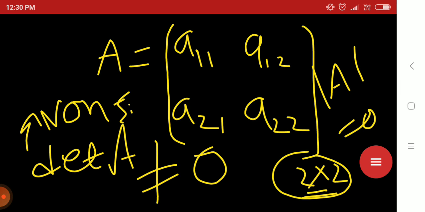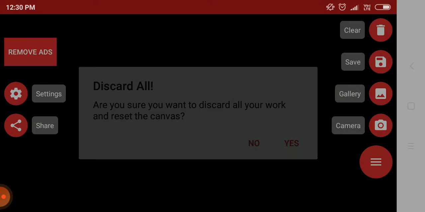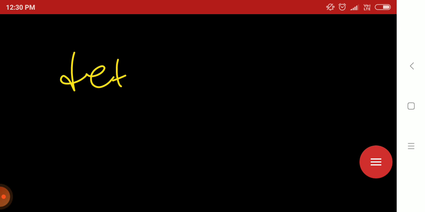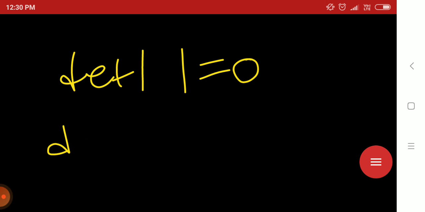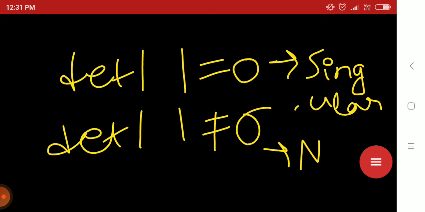So we can call a matrix singular when the determinant of that matrix equals 0, and non-singular when the determinant of the matrix is non-zero. So this one is a singular matrix and this one is a non-singular matrix.